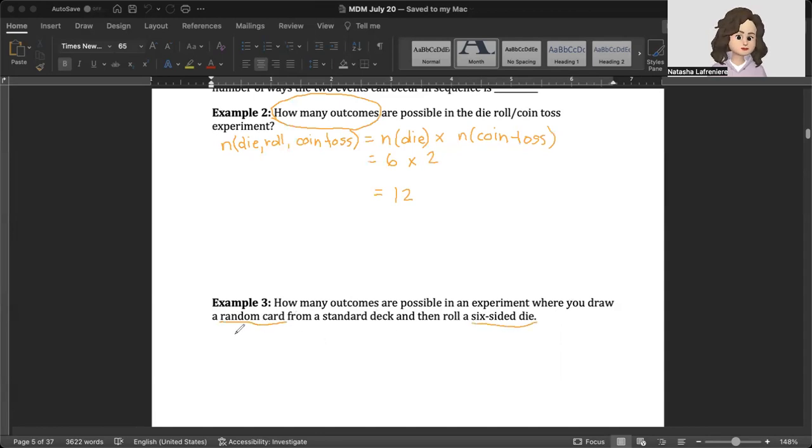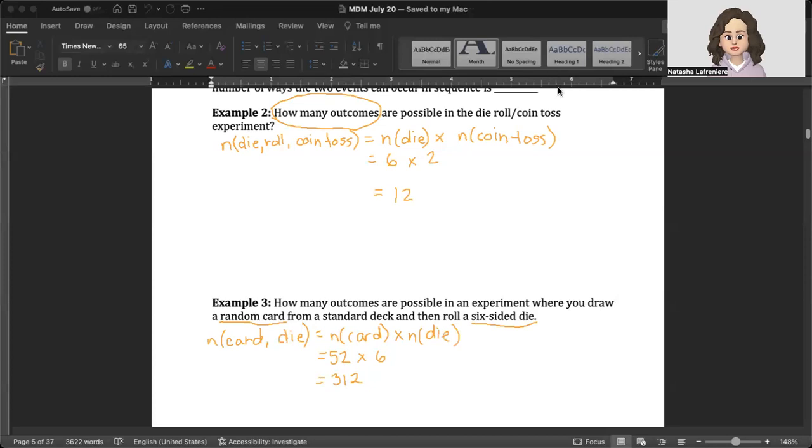Okay, so that would be our number of card-die outcomes is equal to the number of cards times number of die. And so a deck of cards has 52, and then our die has 6 sides. So if you throw that into the calculator, or you're really good with multiplication, it gives you 312.